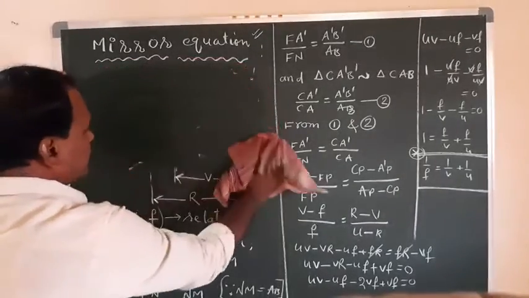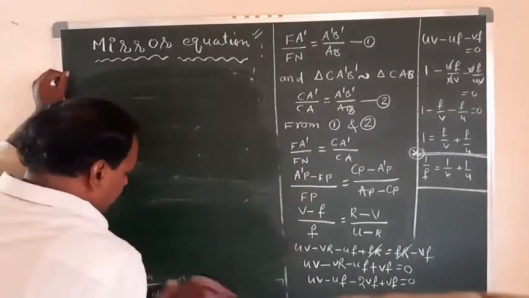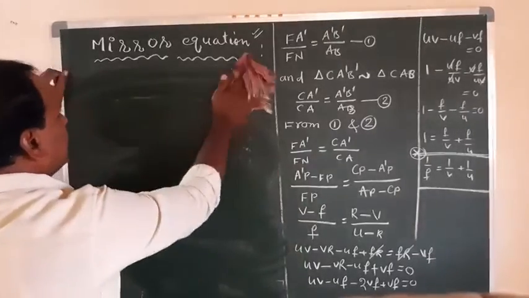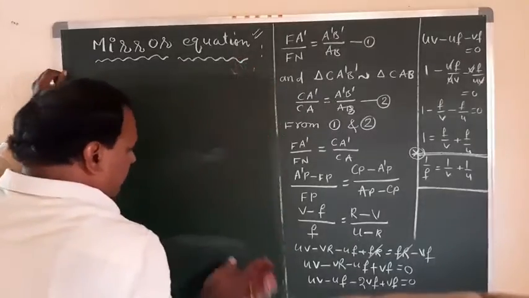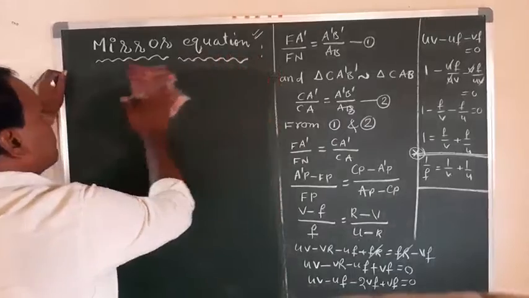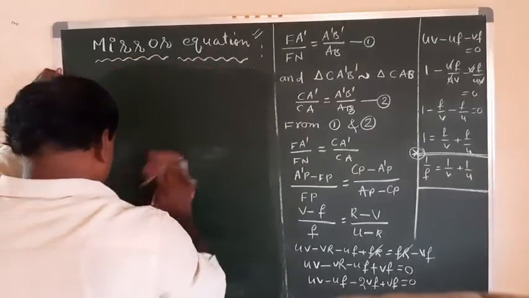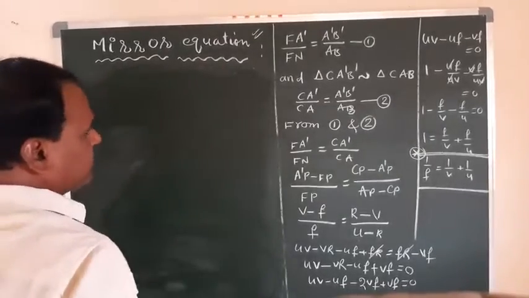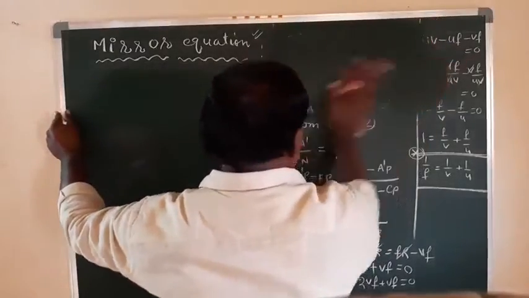If an object is at a location of some 10 centimeters from a mirror, and its radius of curvature is 6 centimeters, then find the image distance.